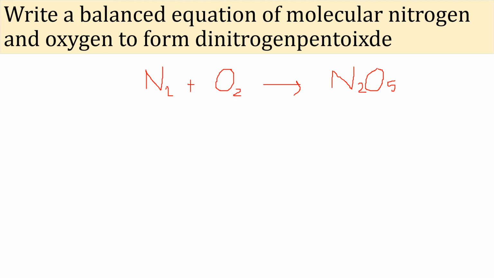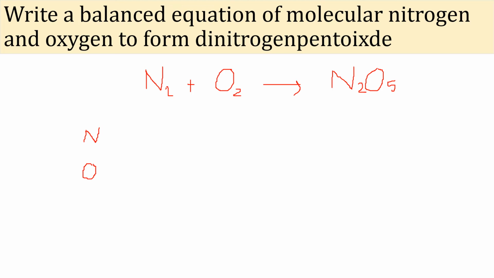Then we're going to count the elements on either side of the equation, on the reactant side and on the product side. So first let me write the number of atoms reacting. There are 2 atoms, nitrogen and oxygen, right? On the reactant side, I'm going to write reactant side in blue.